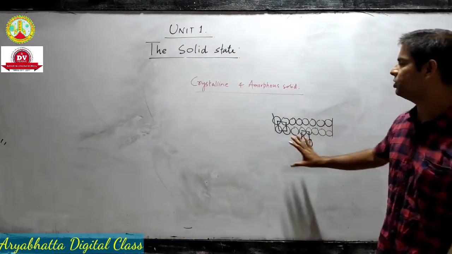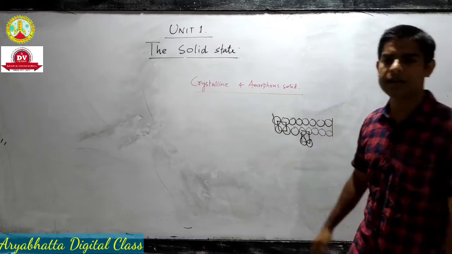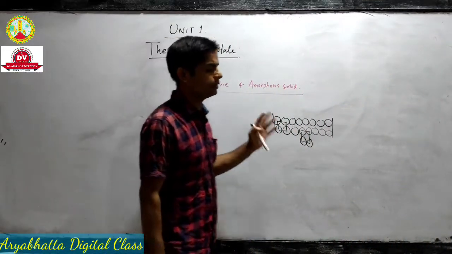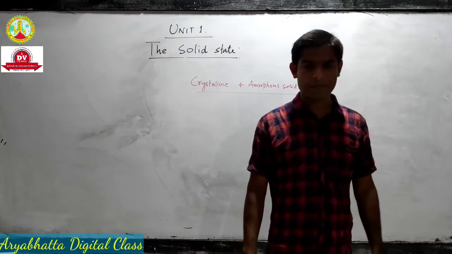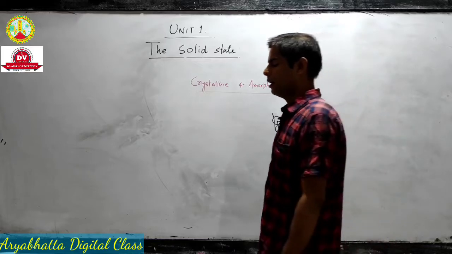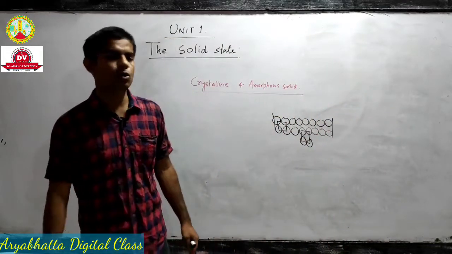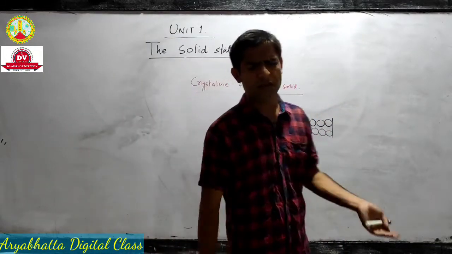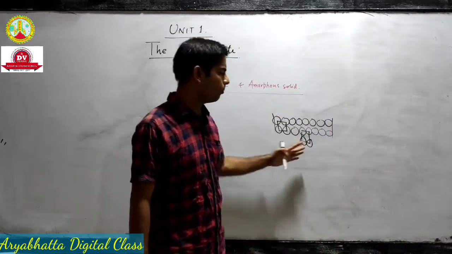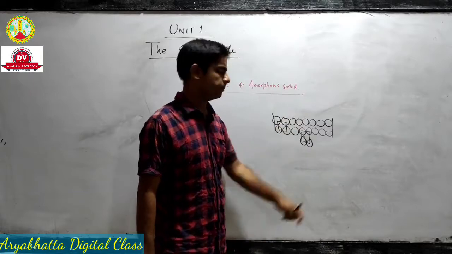This is the special characteristic of a crystalline solid. Generally, ionic compounds like sodium chloride, potassium chloride, potassium bromide and zinc sulfide are ionic in nature and form crystalline solids.